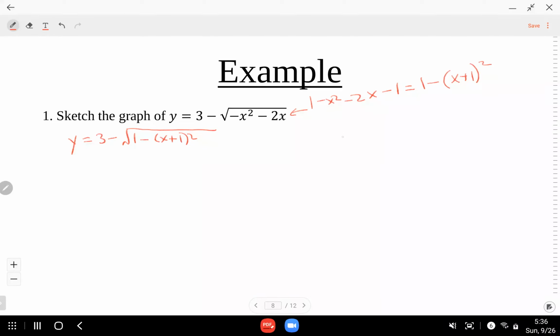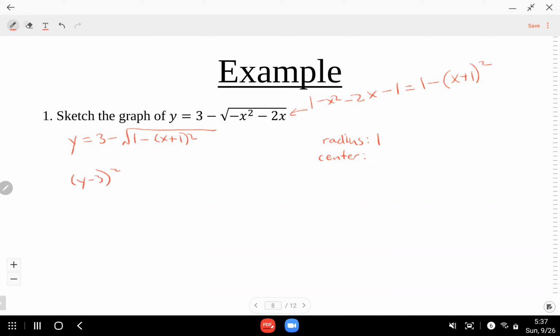Now we know what our center and our radius are. Our radius is just the square root of 1, so the radius is 1. Now the center is a little bit tricky, though not that tricky. You just have to subtract 3 from y, so it's y minus 3 squared.